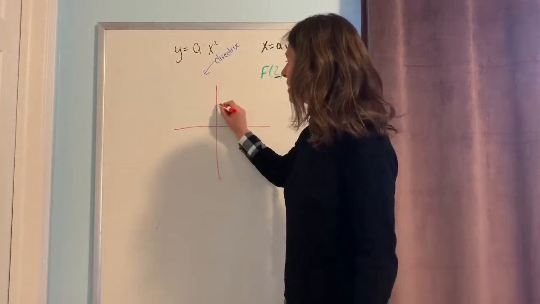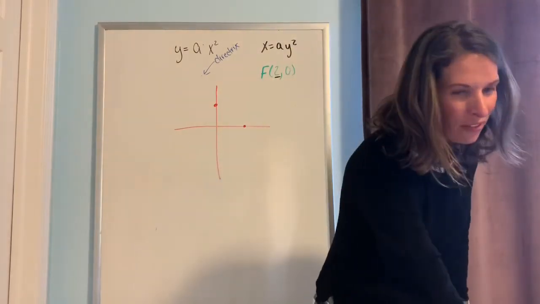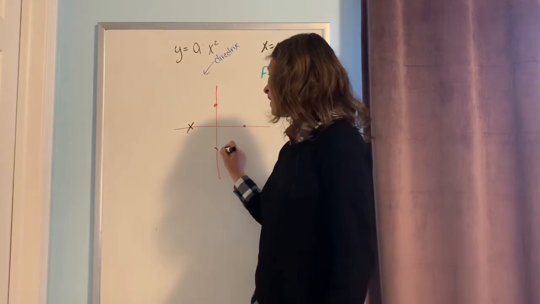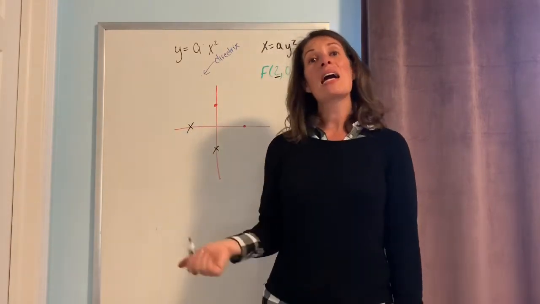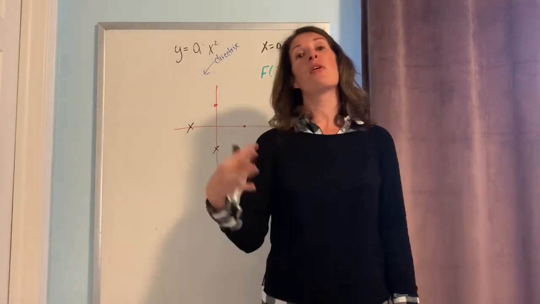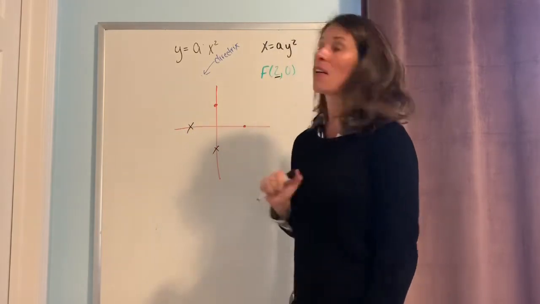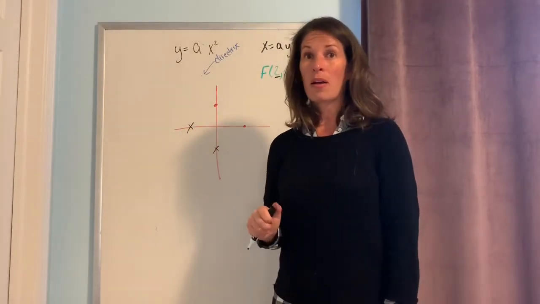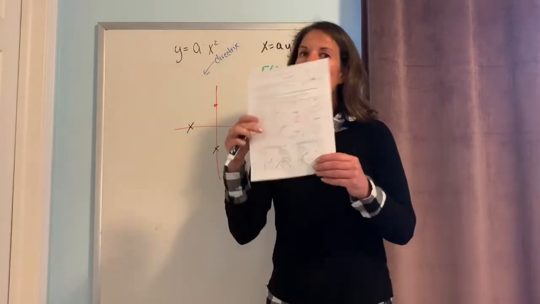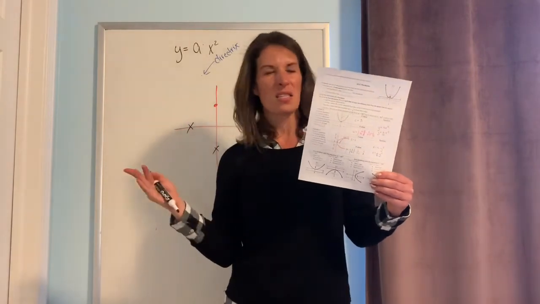If my focus is on the positive y-axis, it's a positive value. However, if my focus is on the negative x or the negative y-axis, then it's going to be a negative value. So, depending on where my focus is, if my focus is at a positive point, then I'm going to have a positive parabola. If it's on a negative point, it's going to be a negative parabola. That's on the bottom here, and that's going to be in your homework that's due on Wednesday.